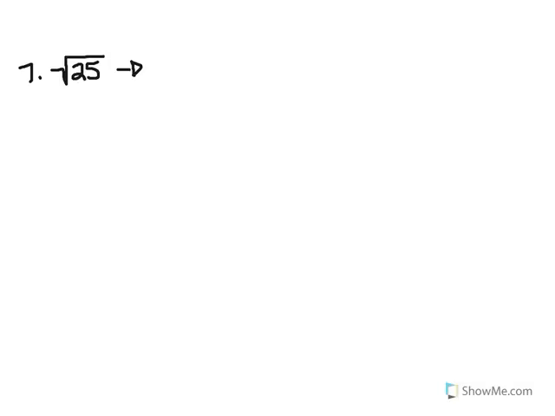So I can rewrite 25, and I'm trying to think of prime numbers here if at all possible. And 25 happens to be 5 times 5, which I can separate then into the square root of 5 times the square root of 5. So these are just some different ways of writing this so that we can look at some other examples.